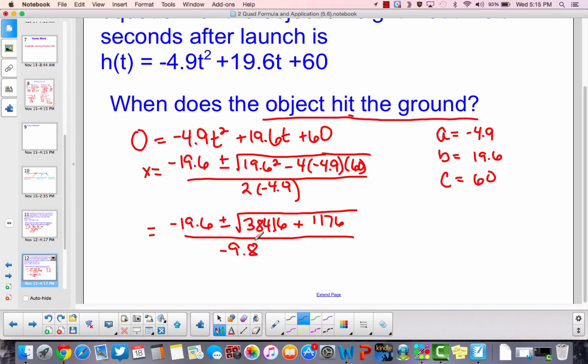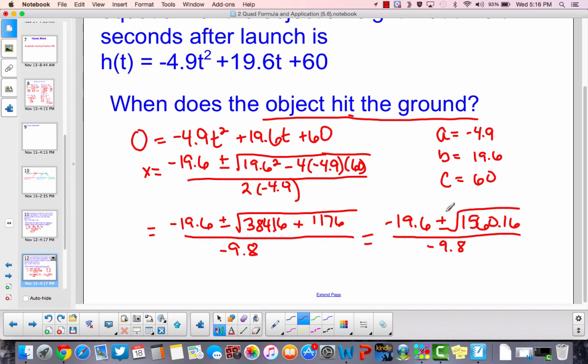So I end up with negative 19.6 plus or minus the square root, 384.16 plus 1,176 is 1,560.16, over negative 9.8.